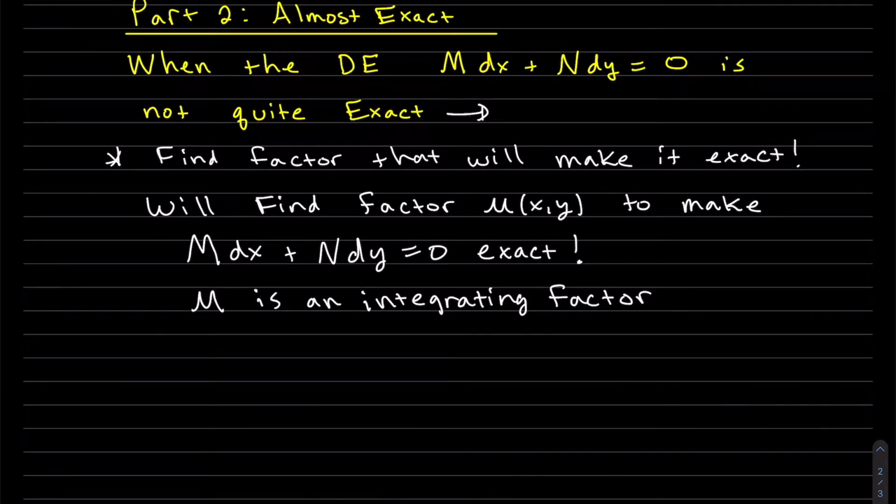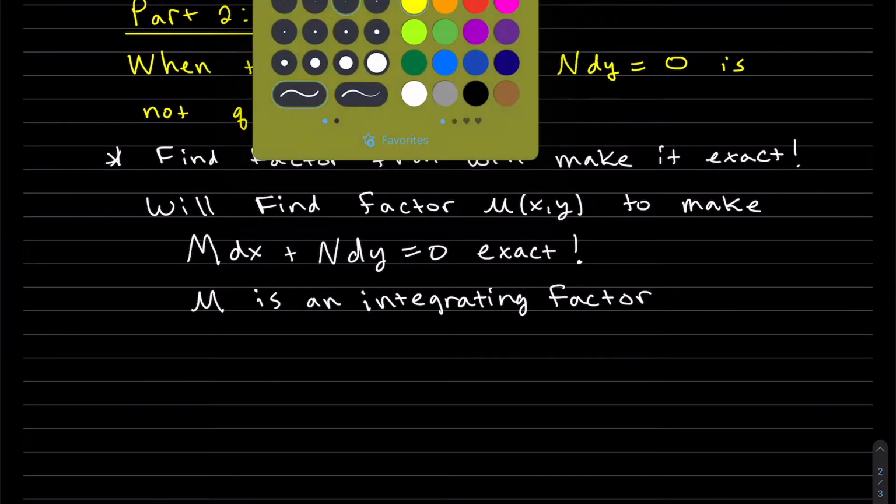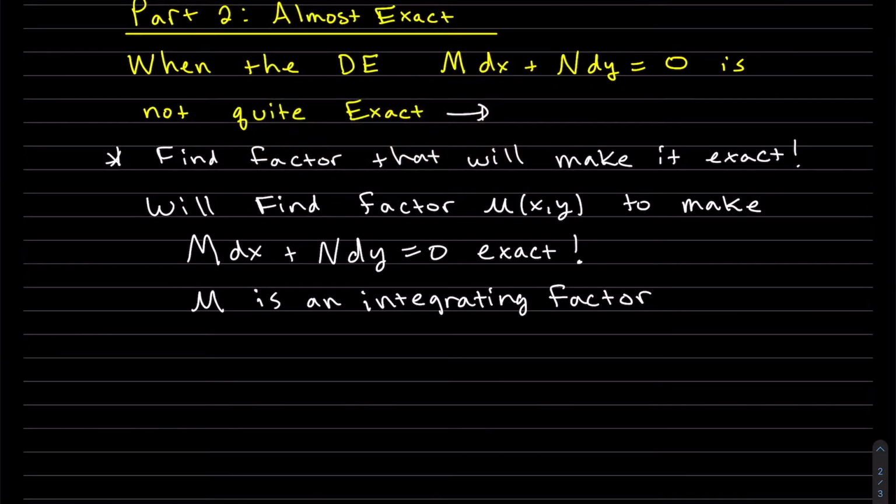So mu is an integrating factor, and just like the integrating factor we saw in the last chapter, you multiply both sides of the DE by that integrating factor. So we multiply.